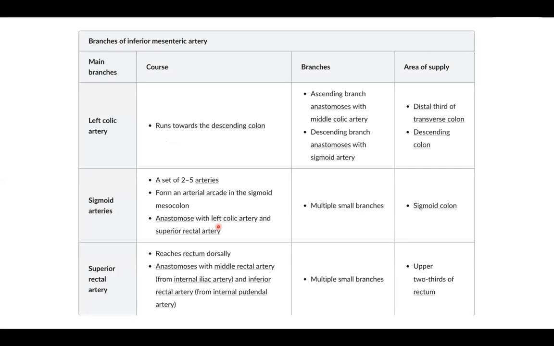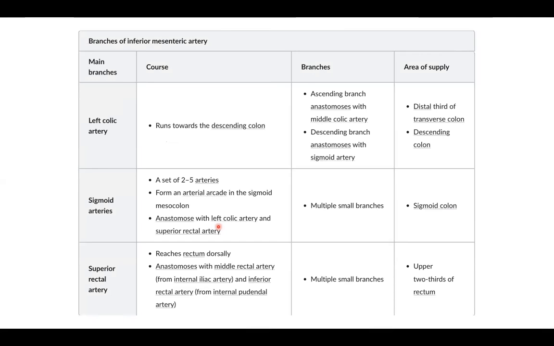All right, so here's another table for the inferior mesenteric artery. The main branches that you need to know are fewer than the SMA. So we have the left colic. Remember, the right colic came from the SMA. And then we have the sigmoid arteries, and then we have the superior rectal artery.